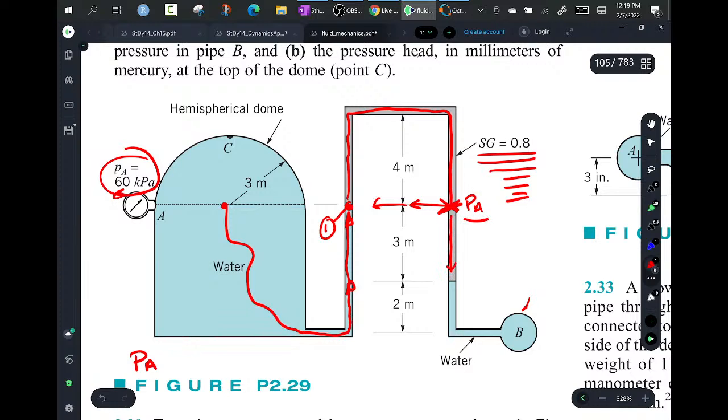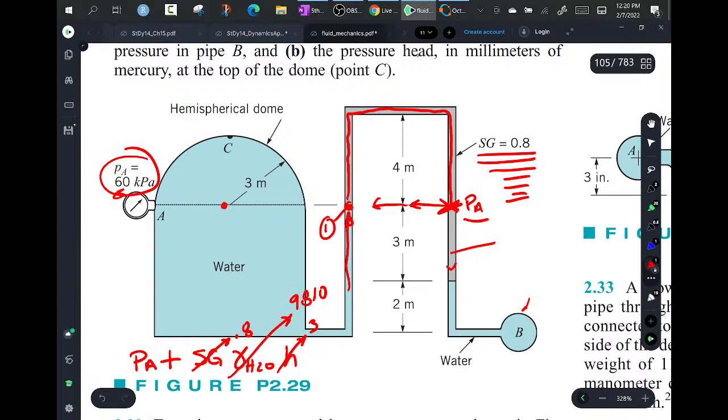So I got PA, and as I go down, I'm increasing pressure, and I'm going through this funny fluid here, and I'll say specific gravity of 0.8 times gamma of water times the height, which just so happens to be 3 meters here. So again, this is your 9810.